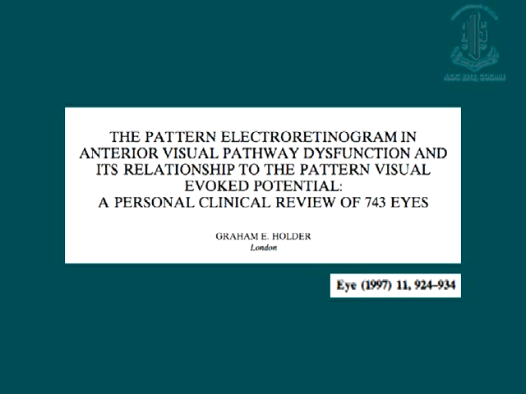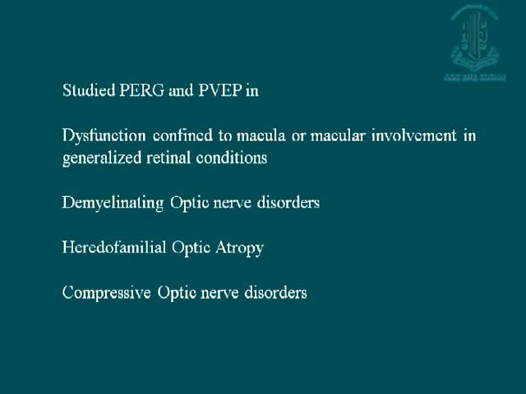Now, to understand the two tests, the pattern ERG and VEP, and how to make use of this clinically, this is probably one of the best papers or publications I have come across, which gives a whole lot of correlation between the two tests and helps you understand the test much better. What the study has essentially done is they have studied both the pattern ERG and VEP in different conditions.